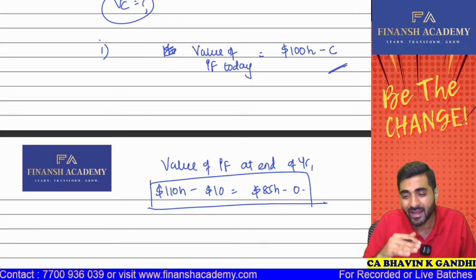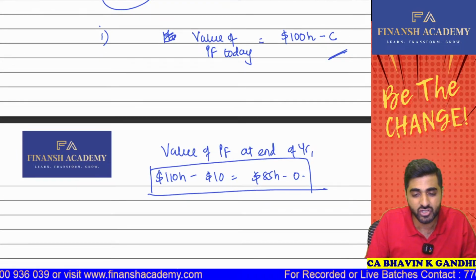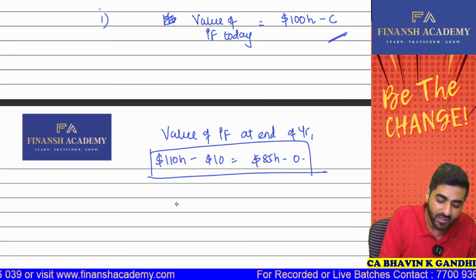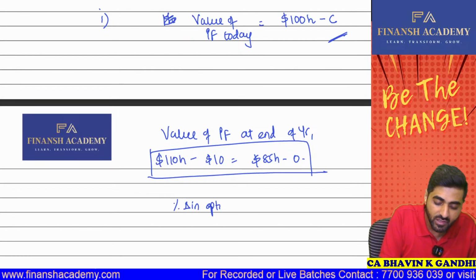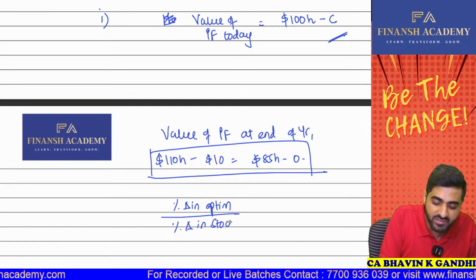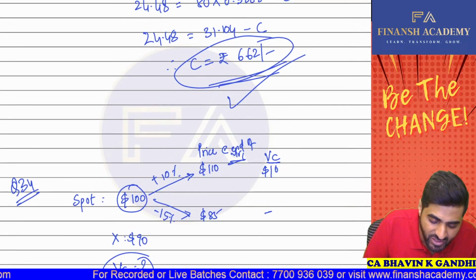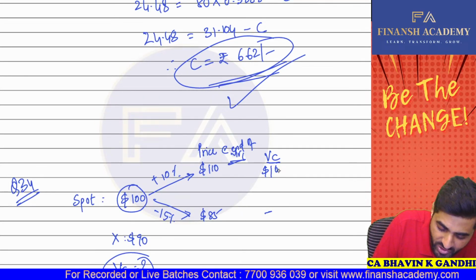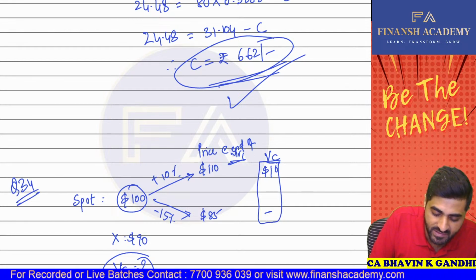Now, coming back to our hedge ratio, can we do this by taking the percentage swing in option, which I will divide by the percentage change in stock? So what is my percentage change in option? This is $10 and this is 0.